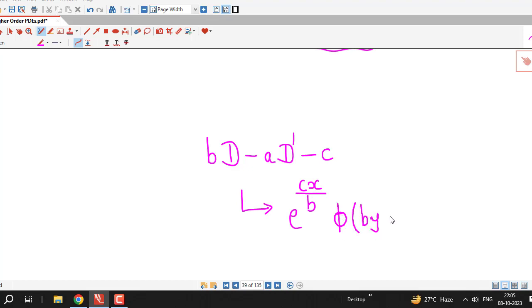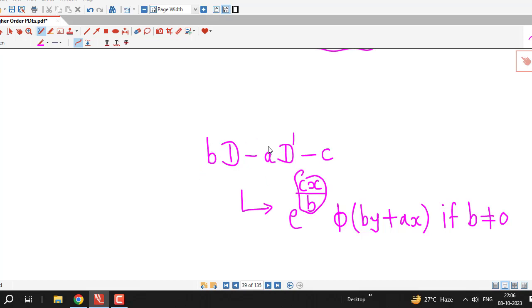And we have seen that if f(D, D') can be written as a product of linear factors of the form bD minus aD' minus c, then the part of the general solution corresponding to this type of linear factor is given by e raised to cx over b into some arbitrary function of by plus ax, if the coefficient of D, which is b, is non-zero. And if the coefficient of D is 0, then this quantity is undefined.